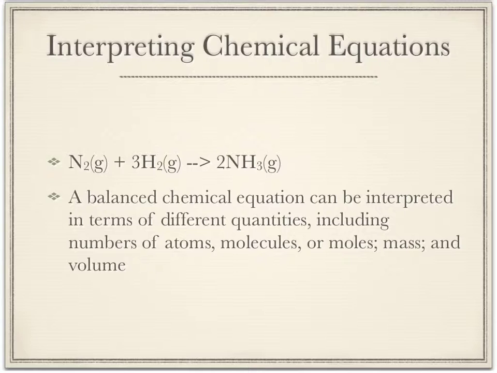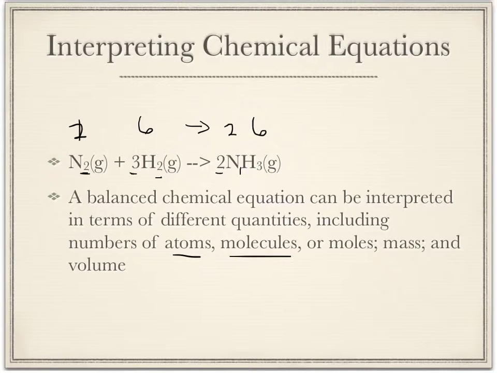In terms of atoms, I've got N2, 2 atoms of nitrogen, and 3 times 2 or 6 atoms of hydrogen. That's the left side. On the right side of the equation, I've got 2 nitrogen there, and 2 times 3 or 6 hydrogen there. That's good because they have to be equal.